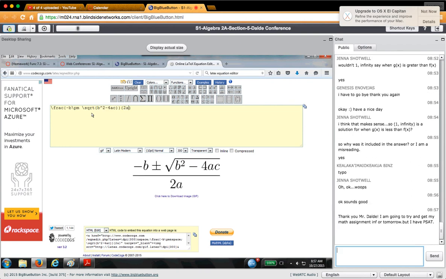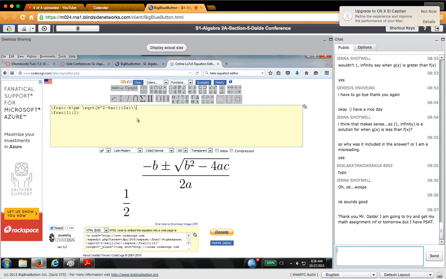Look, it's the quadratic equation. Don't you have to know the abbreviations? Yep. It's almost like a programming language, but one that makes sense. Fraction is just frac, and then you put 2 curly brackets. The first is your numerator, and the second is your denominator. So if I put a 1 and a 2, it's going to give me a 1/2.